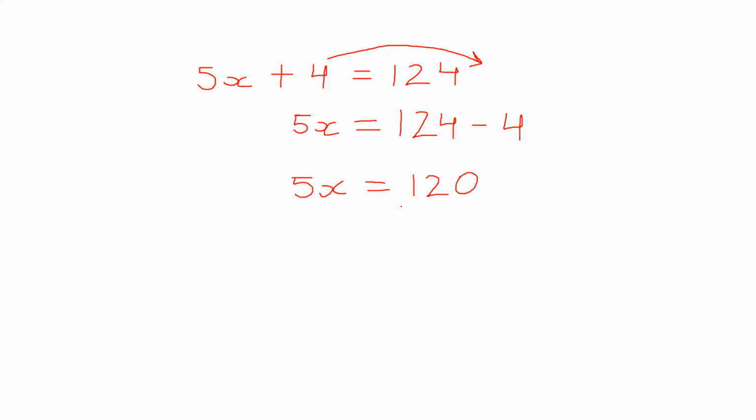What do we do at this point? This is the point where you get lost. So at this point, you want to divide, but you always divide by the number that's in front of the x. So we have to divide by what? You divide both sides by 5, not just the 120.